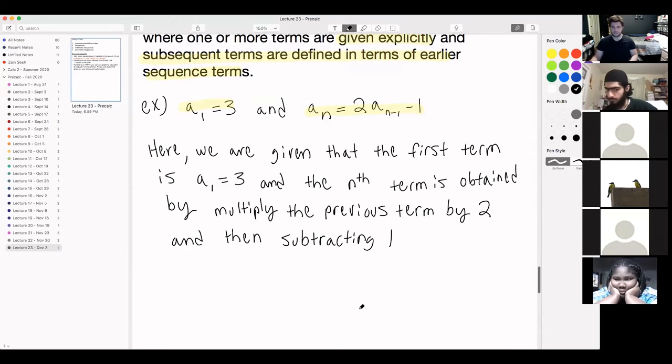The previous term is a sub n minus 1. That's the term that comes before the nth term.